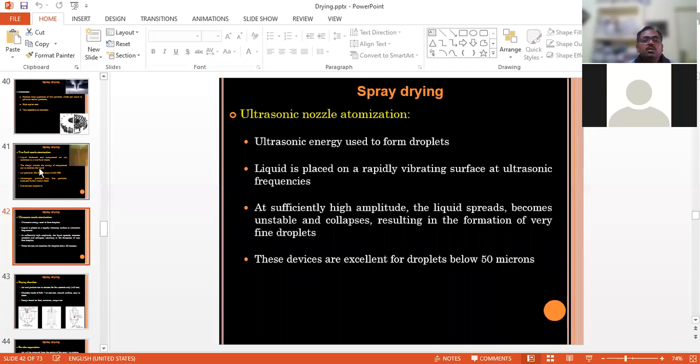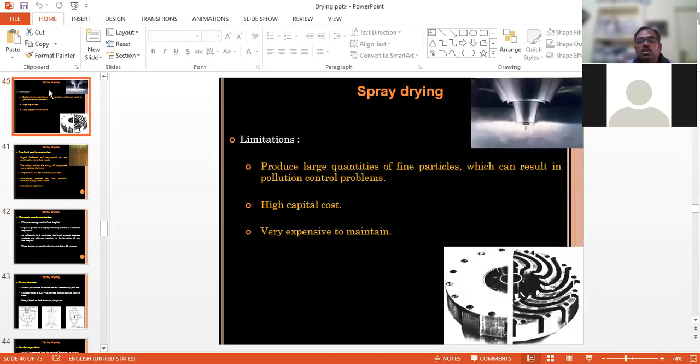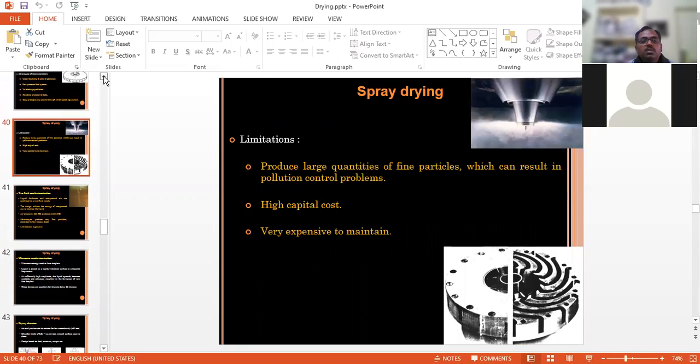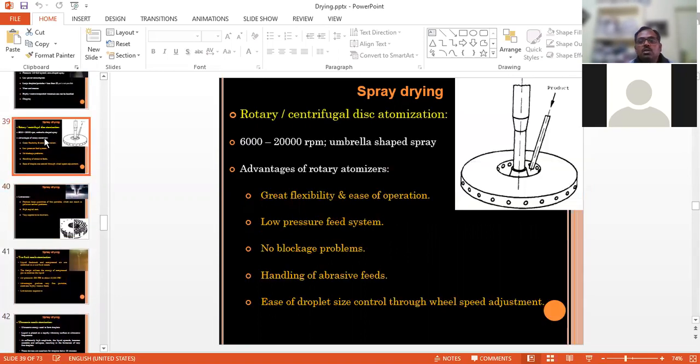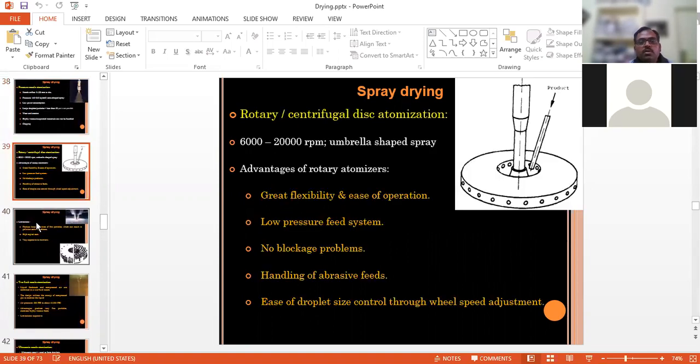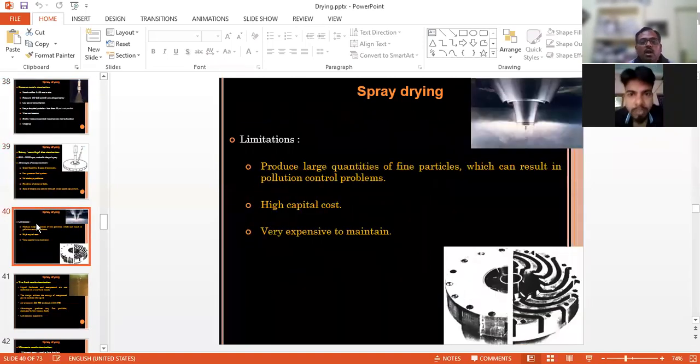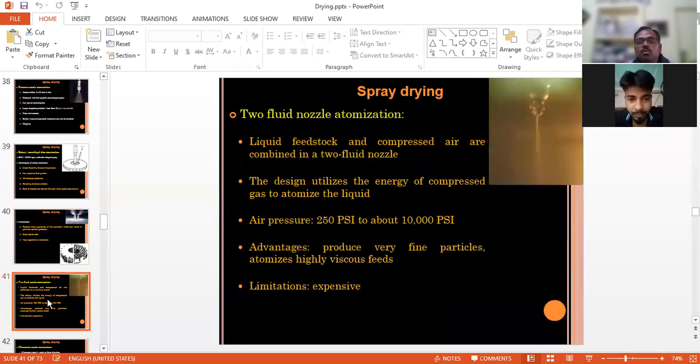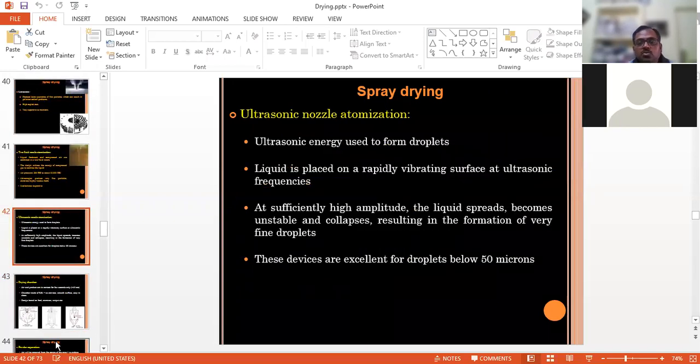We have already discussed the pressure nozzle, then the rotary centrifugal disc, and their different advantages and limitations. We have also discussed two fluid nozzle atomization, and the last one, ultrasonic nozzle atomization, is very useful for droplets having a size less than 50 microns. So these are the things.